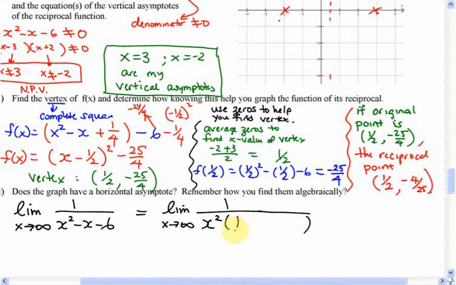Now take the negative x, we're dividing it by x squared to factor it out, so you get negative 1 over x. So I took the second term here, negative x divided by x squared. How about the last term? Negative 6 divided by x squared. That's just minus 6 over x squared.